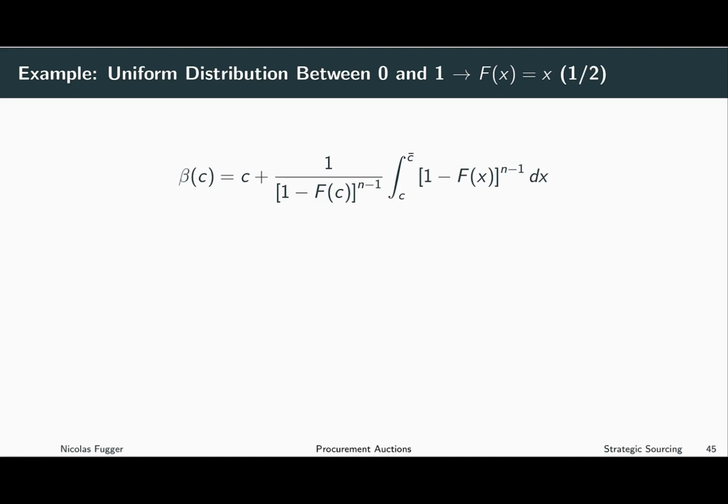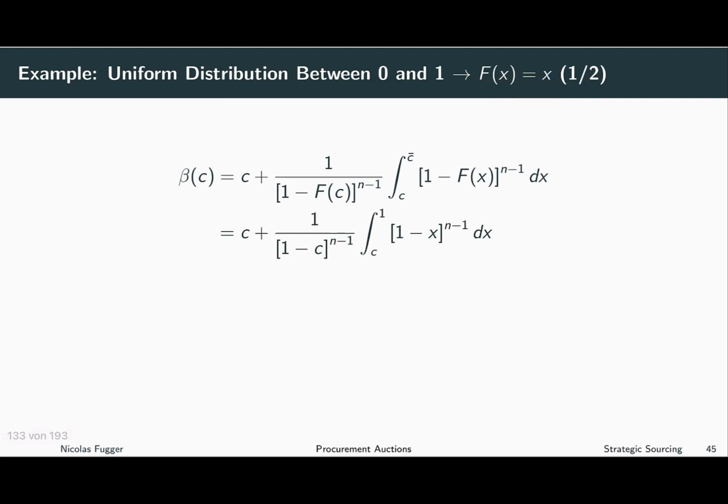Finally, we want to derive the equilibrium bidding strategy for the concrete case where my competitors have costs uniformly distributed between 0 and 1. If this is the case, then for each competitor, the probability that this competitor has cost smaller than x is just given by x.